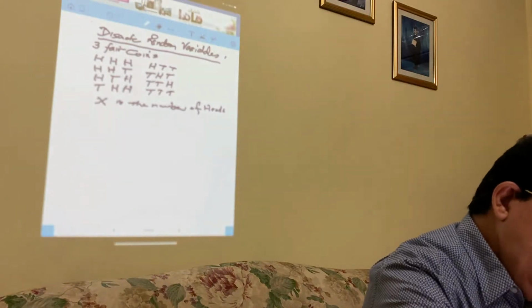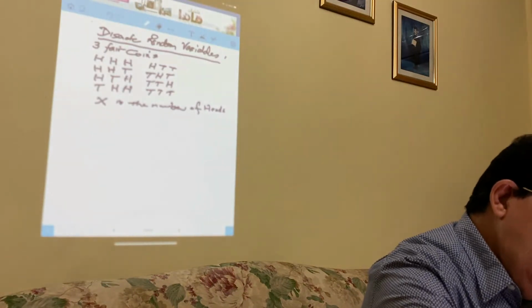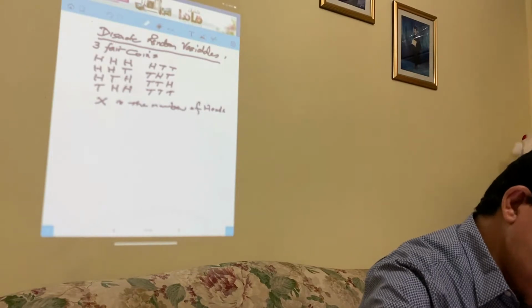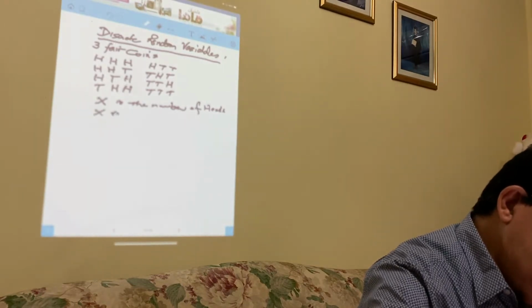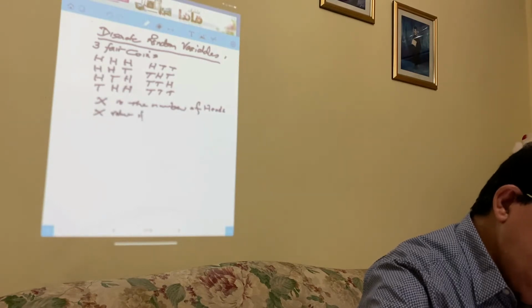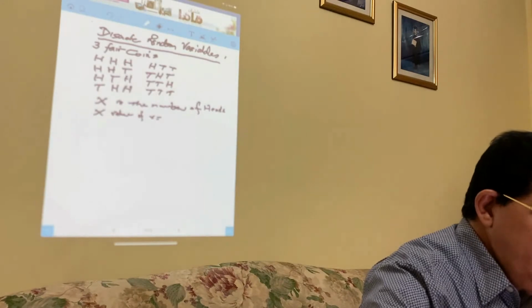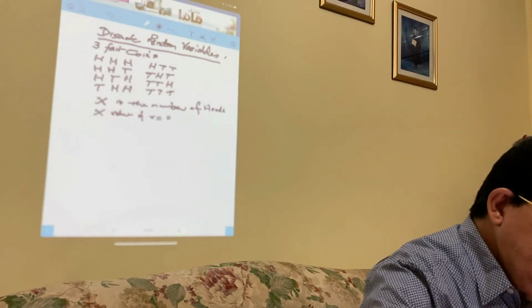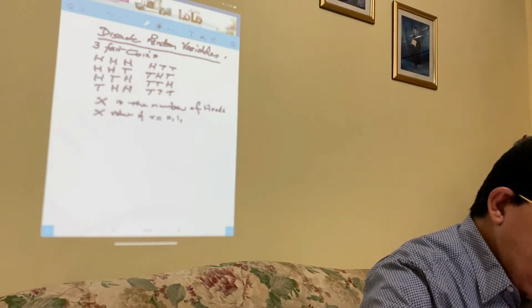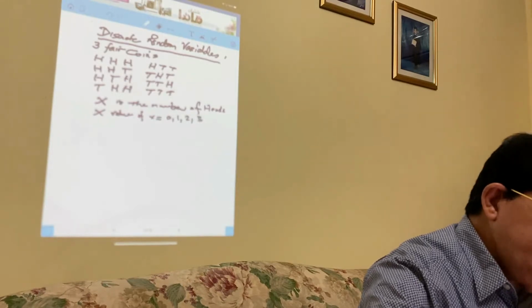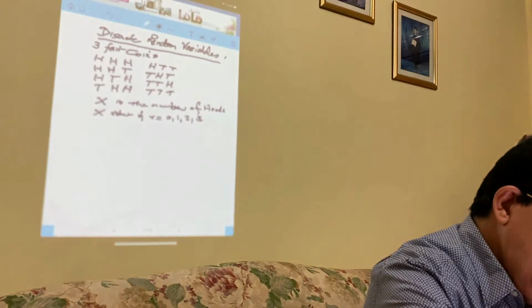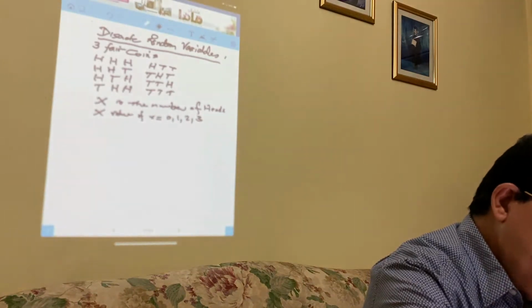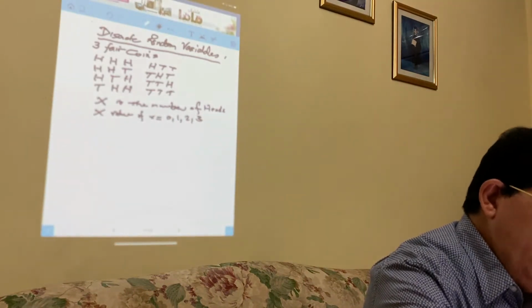This variable X will have values of 0, 1, 2, and 3. Therefore, the discrete values of the variable X are called small x.